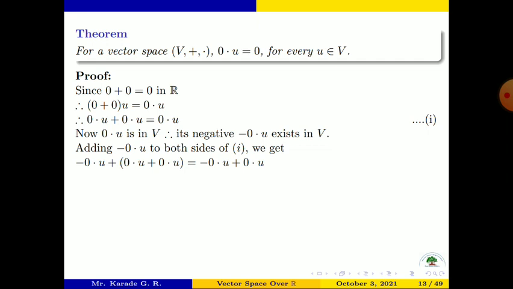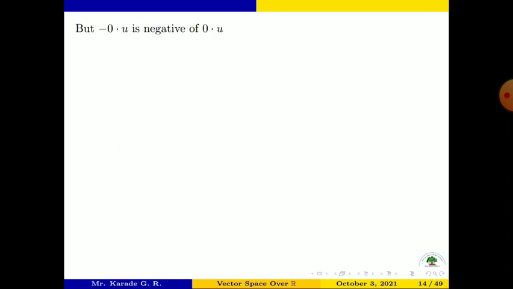By associativity of addition in V, we change the bracket into (minus 0 into u plus 0 into u) plus 0 into u is equal to minus 0 into u plus 0 into u. The bracketed quantity is nothing but 0, because minus 0 into u is the negative of 0 into u. Therefore by the property of negatives, minus 0 into u plus 0 into u is equal to 0.